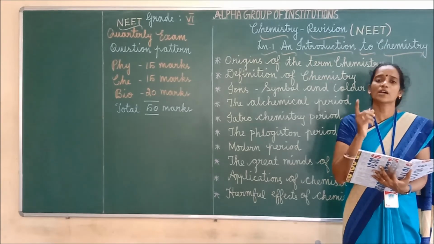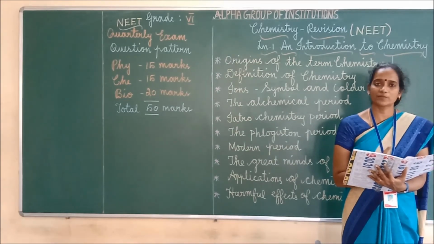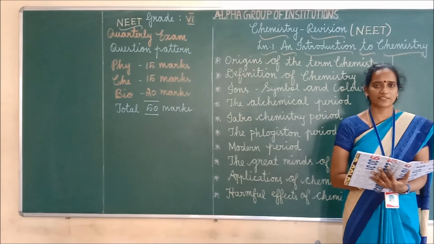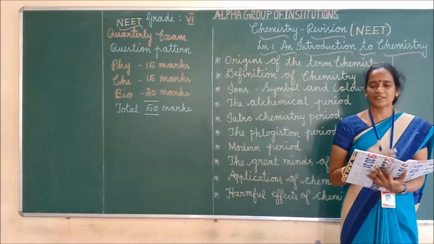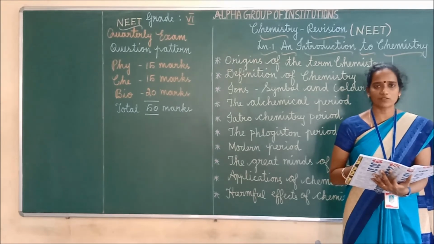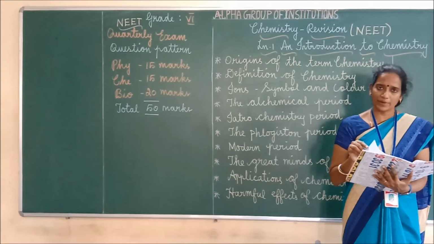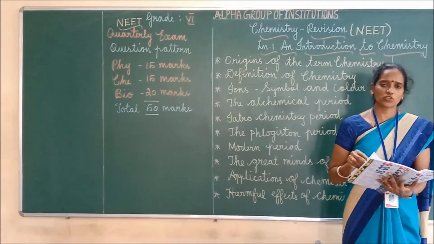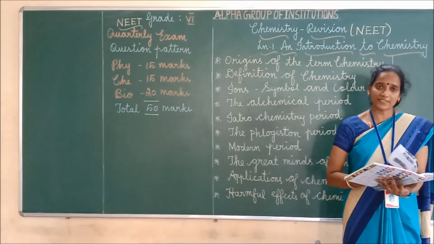Natural fiber means obtained from plants and animals. At the same time, synthetic fibers means obtained from chemical substances. Example, rayon, nylon, terylene. So these are some of the examples. Based on this also you will receive questions. So you have to understand the meaning for natural fiber and synthetic fiber. Also you should learn at least 2-3 examples for natural fibers as well as synthetic fibers.